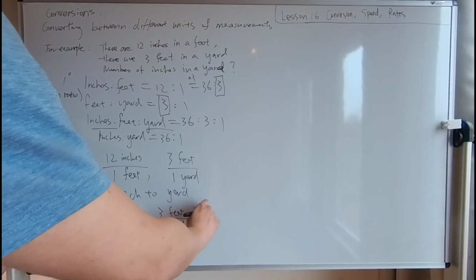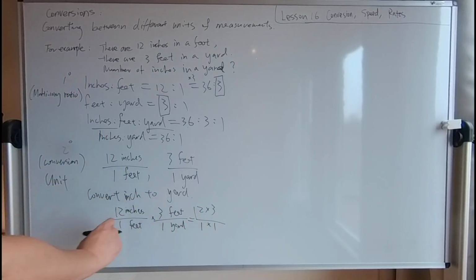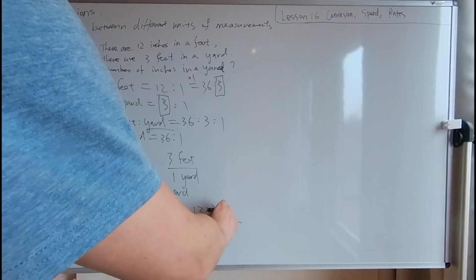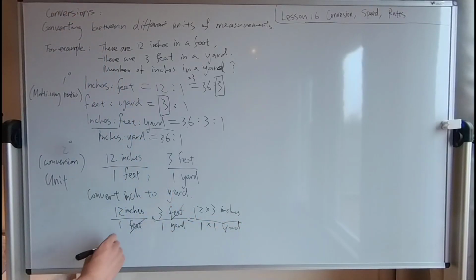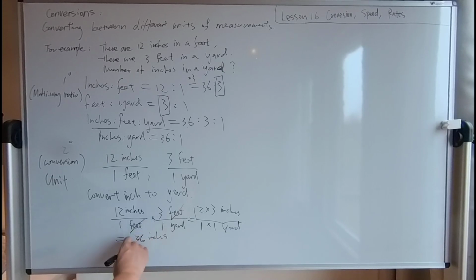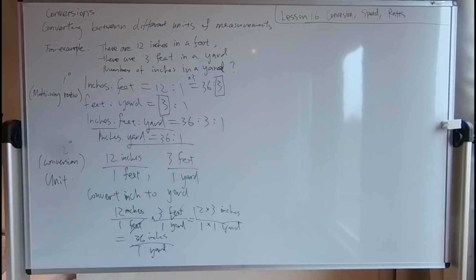So if I'm just writing the numbers together, first I got 12 times 3 over 1 times 1, and then I can keep writing the units, and in fact this feet on both sides of the fraction can be cancelled out, so what is left is inches over yard. And then it's really just 36 over 1, or 36 inches over 1 yard. And this conversion rate is the same as what we derived by using ratios.